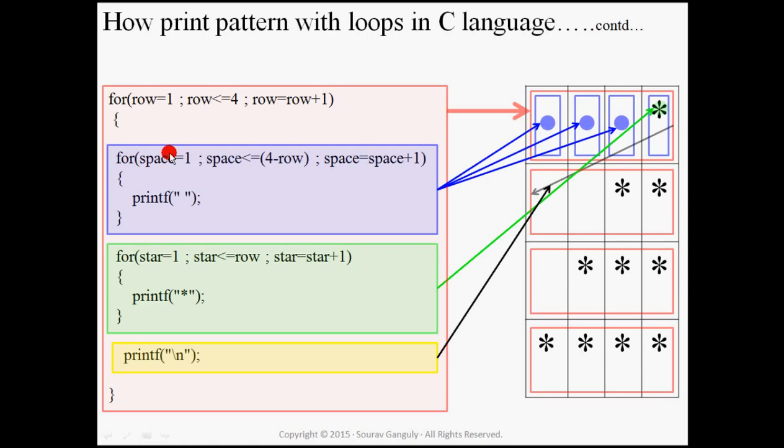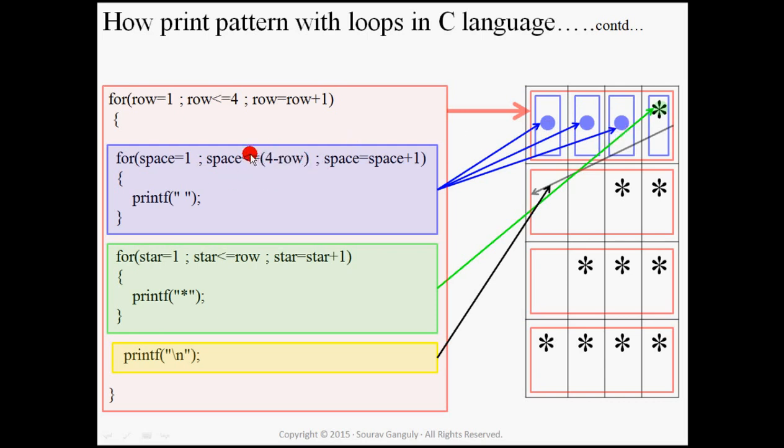It will initialize space with 1 and check space less than or equal to 4 minus row number, that is 3. Then the cursor will come here and print the space. Then the cursor will go here, increase the value, check the condition, print the value. This way, it will print 3 spaces in a row.